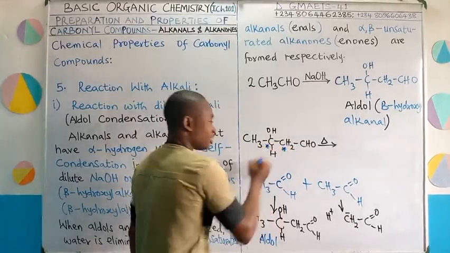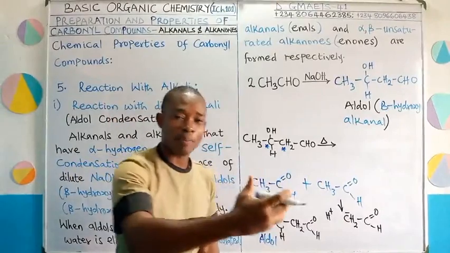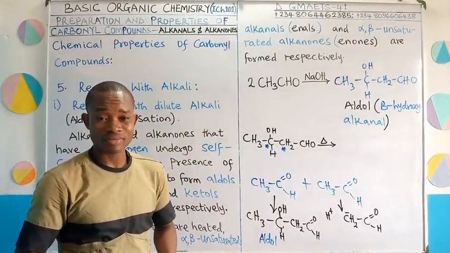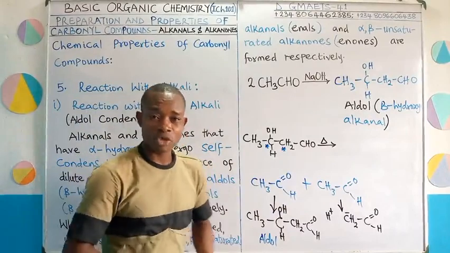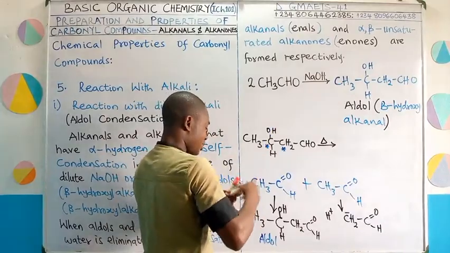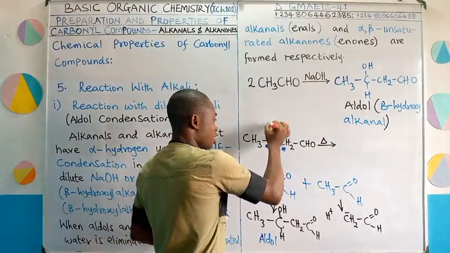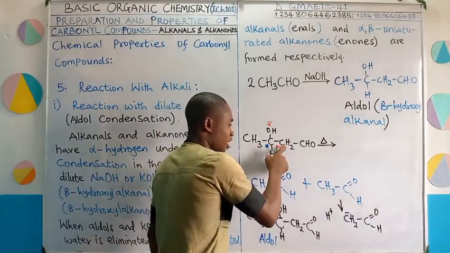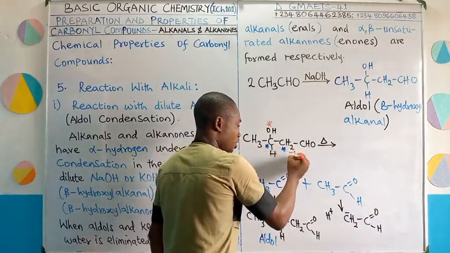This is our beta carbon. You know, when you are heating, it's as if you are pulling out a water molecule from it. Of course, that's what you're doing, dehydration. Following Saytzeff's rule, this OH will be removed. So in fact, let me star it here, let me asterisk it. The OH will be removed, and then hydrogen will be removed from this alpha carbon. Minus one hydrogen.